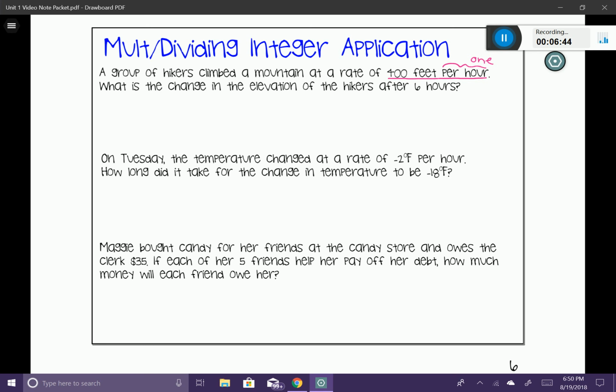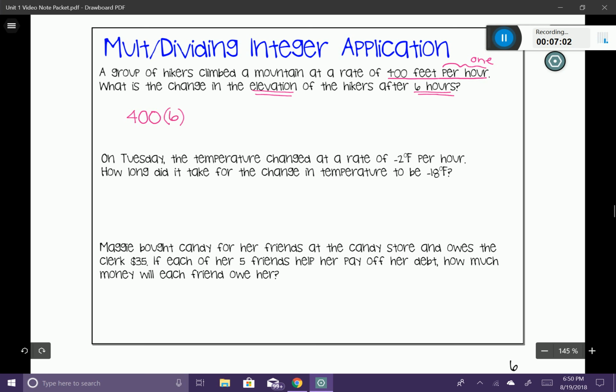So it's asking us, what's the change in the elevation? The elevation is basically how high the climbers are climbing after the 6 hours they give us. So what we're going to do is take that 400 and multiply it by 6 hours.